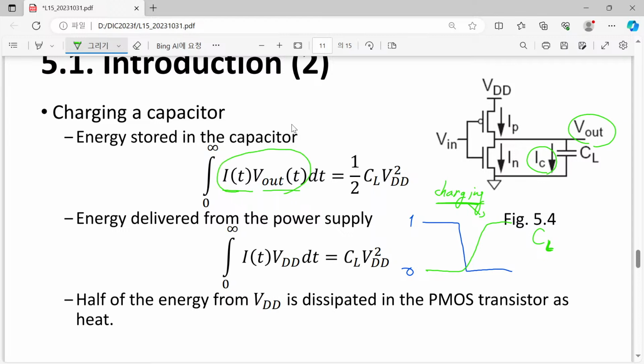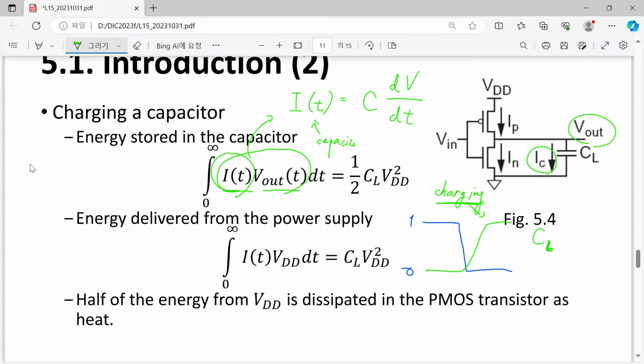And now in the case of our capacitor, can you recognize the form of this I? When this is a capacitor, then this is nothing but C times V out of VT.